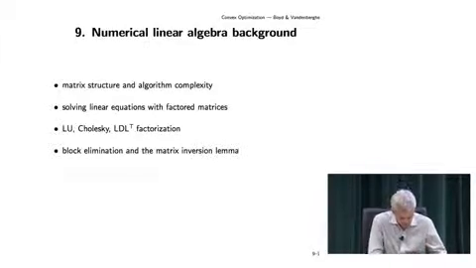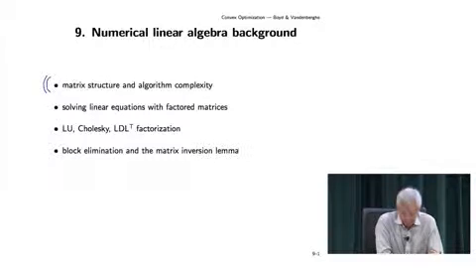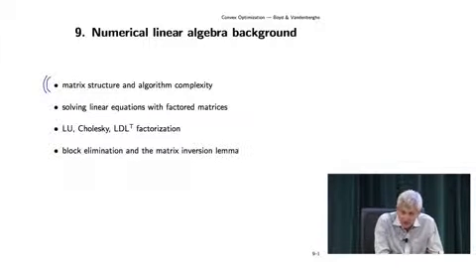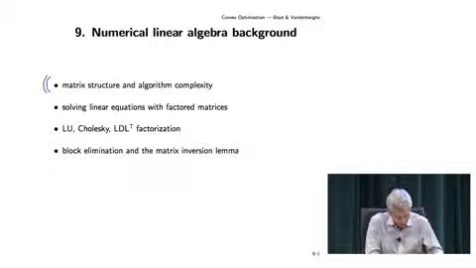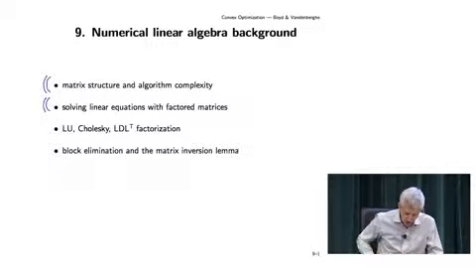We'll first start by talking about matrix structure and algorithm complexity. Matrix structure: some things are obvious, like diagonal matrices, identity matrices, sparse matrices. We'll talk about that. Then we'll talk about the dominant method used to solve linear equations, and that's using factored matrices. You'll factor a matrix and then do a sequence of solves with the factors.